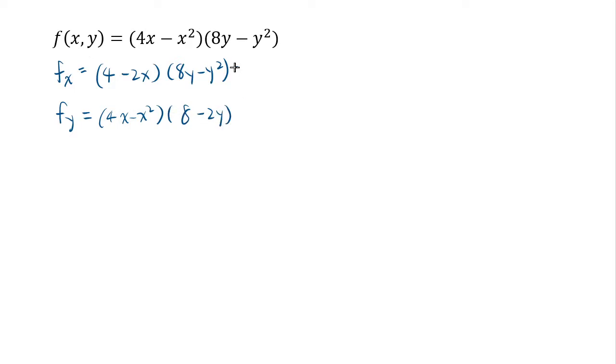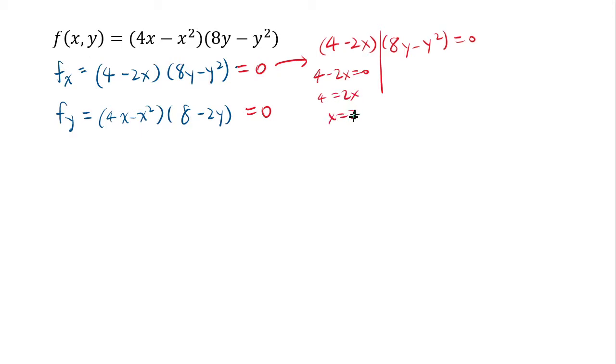Okay, now I need both of these to be 0, so let's think about what happens if I insist that both have to be 0. The first one will create (4 - 2x)(8y - y²) equal to 0, and therefore either 4 - 2x equals 0, which means 4 is equal to 2x, giving you x equals 2, or this has to be 0, which can be factored by y, giving you y equals 0 or 8.